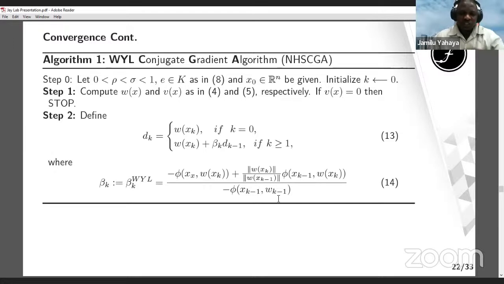Wei-Yao-Liu. This beta K plays an important role in scalar optimization because it shows robustness and efficiency in terms of convergence.